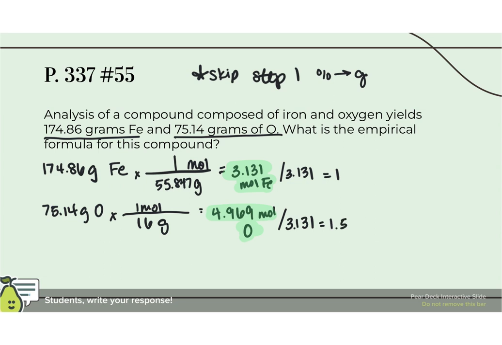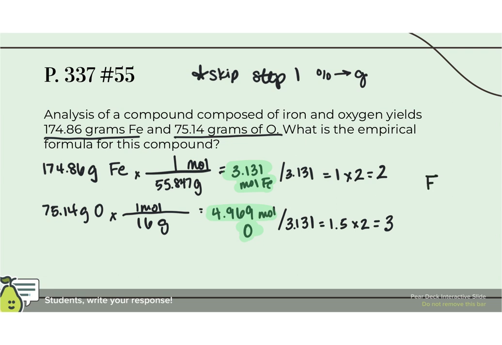Now, a chemical formula with iron 1 and oxygen 1.5 doesn't exist. That's not a thing. So what I need to do is multiply 1.5 by something to turn it into a whole number. I can multiply it by 2 to turn it into a 3. Whatever I do to one element, I must do to the other, so it has to be equivalent.